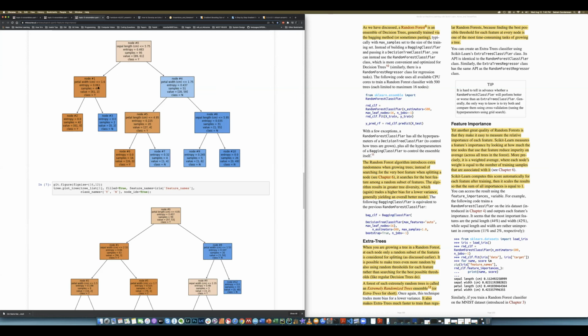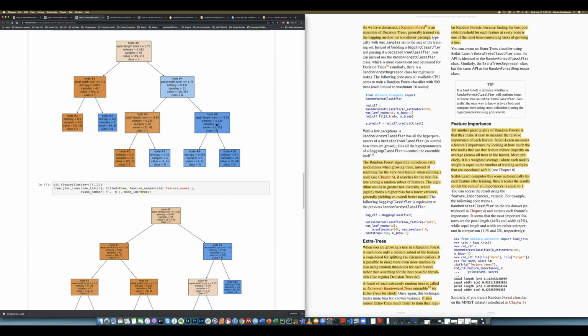If I look at how many samples there are for different classes, it's mostly sample A in this split and sample B in this split. So essentially, this feature for this particular node has done a really good job of doing this splitting or classification.